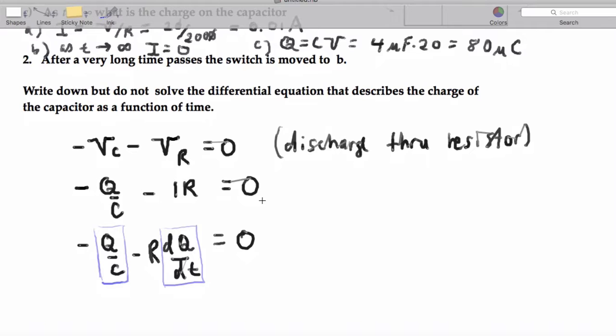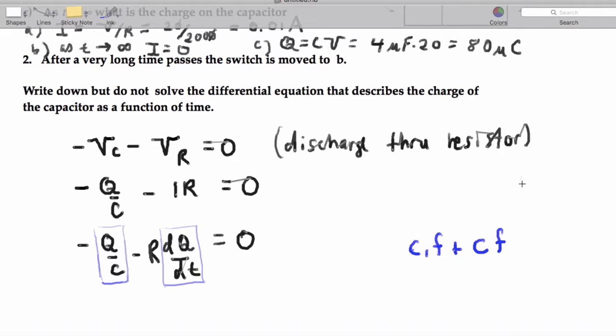This is a very important class of differential equation that we encounter in AP Physics, and it's going to pop up again, where you have a function and its derivative in an equation. In fact, the most common way I could say this is that we have a constant times a function plus another constant times the derivative of the function.